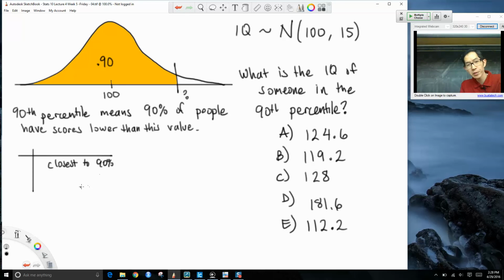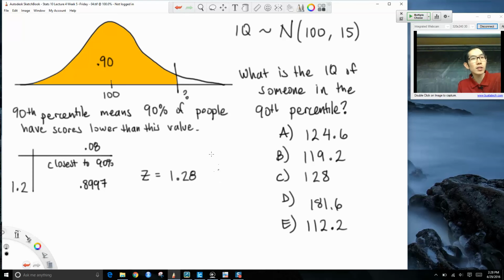The value that we find closest is 0.8997, I believe. We don't find 90% exactly, but we find something very close to that, and that's 0.8997. And that's in the row 1.2 in the column 0.08. So the z-score that corresponds to the 90th percentile is z is 1.28.